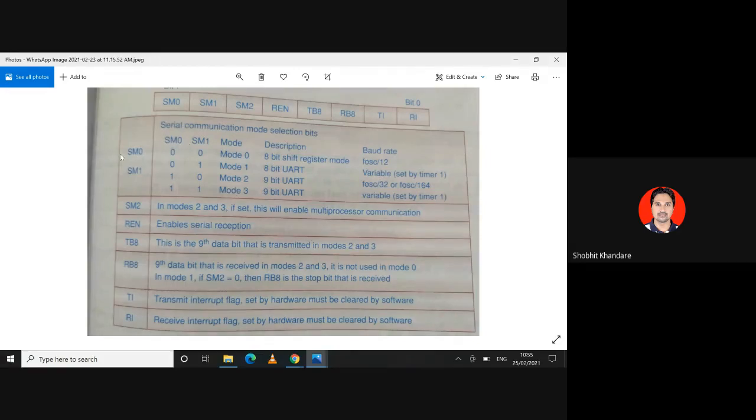Now these different mods, their description and the baud rate and SM2 will be explained in the next lecture. Okay, so this thing I will take in detail. I hope you have understood RI, TI, RB8, TB8, REN. And SM2, SM0 and SM1, everything will be explained in the next lecture. Do you have any questions regarding this?